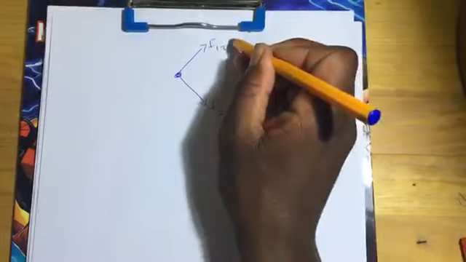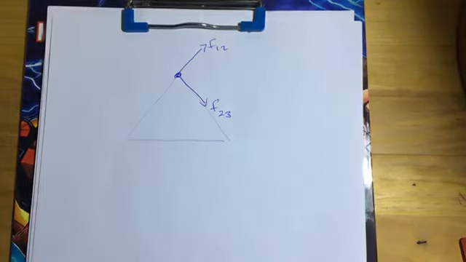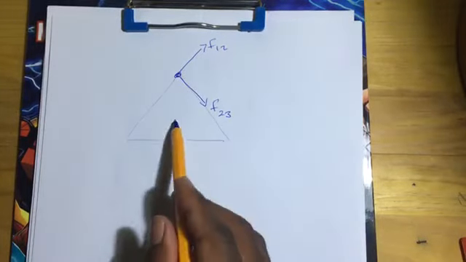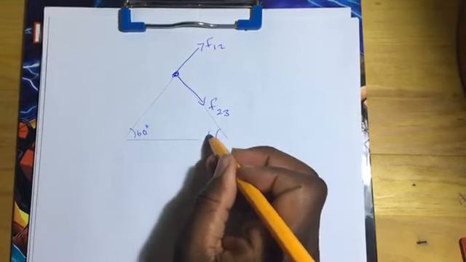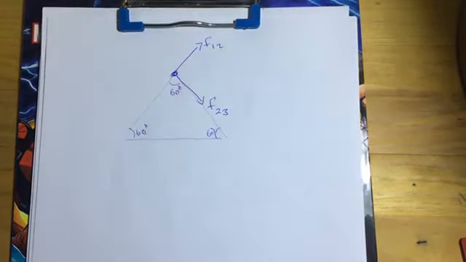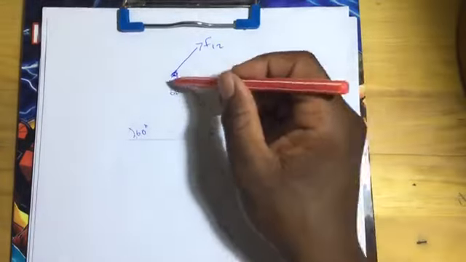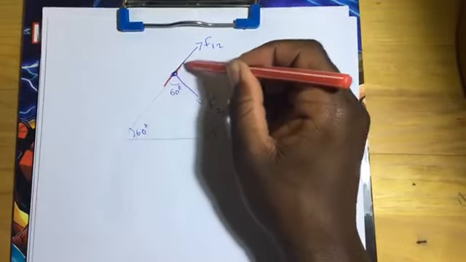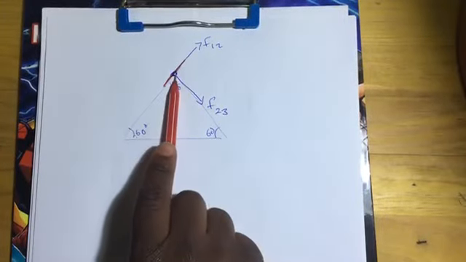And we know this came from a triangle that had this angle at 60 degrees. It had this angle at 60 degrees, meaning this angle is also going to be 60 degrees. You see that? Now, if this angle is 60 degrees and this angle is 60 degrees, this is going to be a straight line.